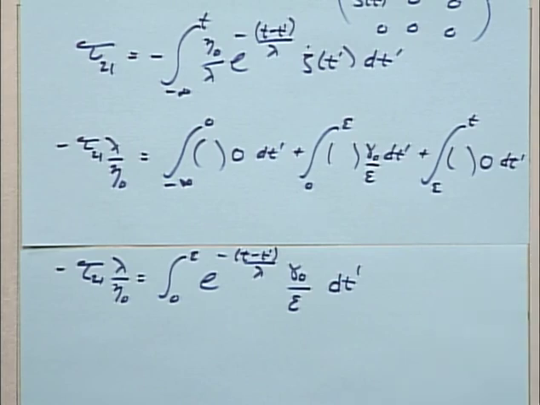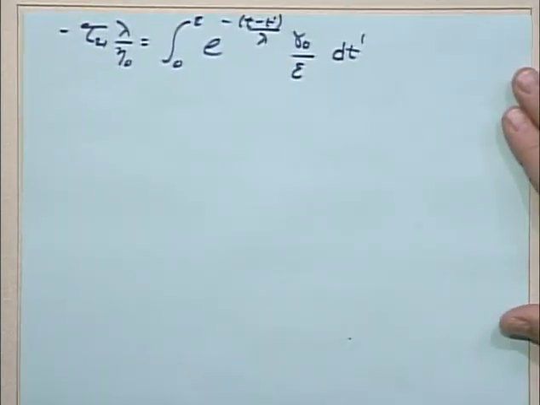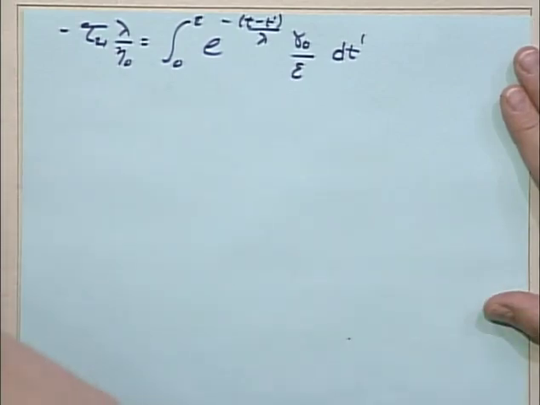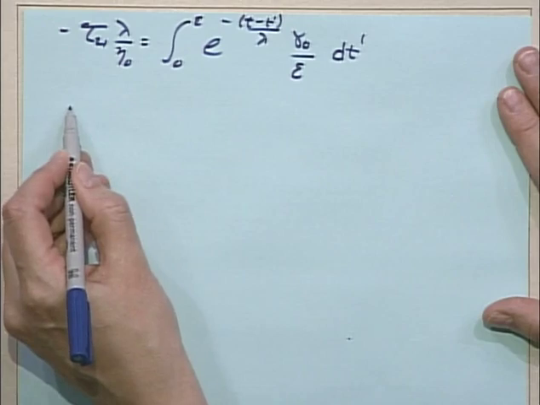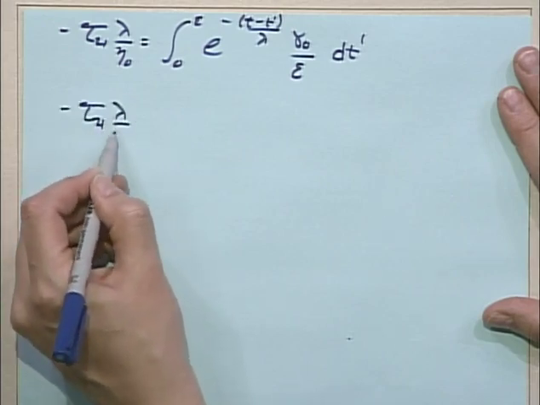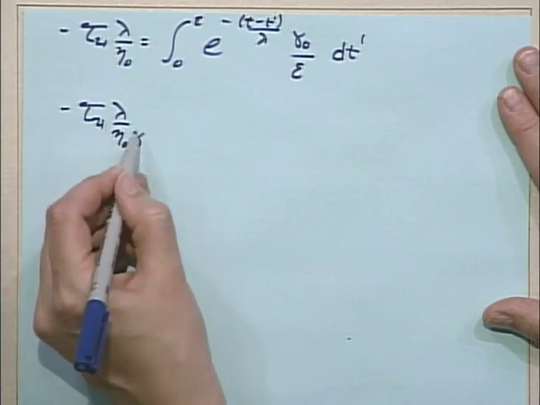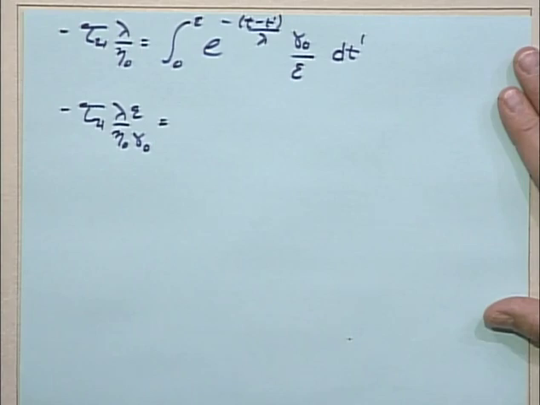We're back to integrating exponentials again. Luckily, those are the easiest things on the planet to integrate. All right, so let me take all my constants out, again, just to keep myself organized here. Tau 21, lambda over eta naught, gamma naught, epsilon equals. Right? Nothing's a function of t prime. They can all come out.